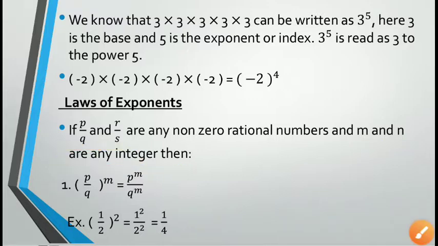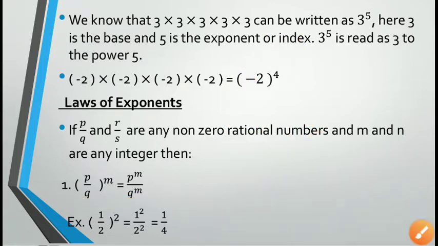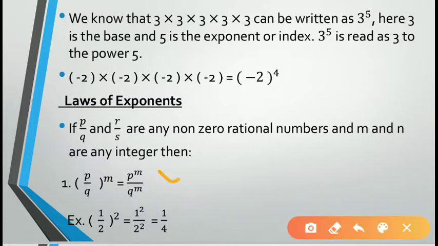So the first law will be: p by q to the power m. Suppose p by q is any rational number and m is the power, so we can write it separately as p to the power m upon q to the power m.